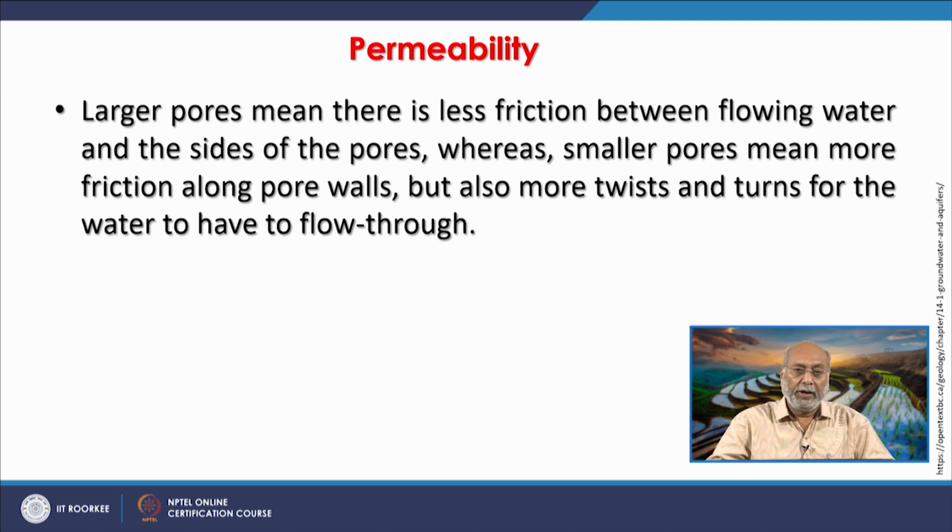So, a large pore space will always promote high permeability, whereas smaller pores mean more friction along the pore walls, and also more twists and turns for the water to flow through. So, with large pore spaces, especially in large grains, we can expect better permeability.